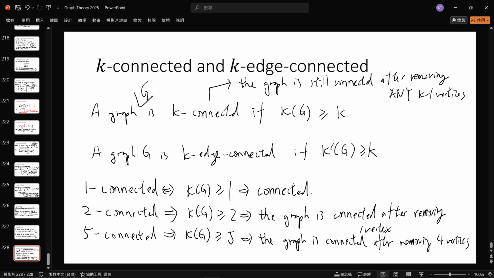But when this connectivity is greater than 1, we can say more things, more properties about the graph. So when kappa G is at least 2, you can actually remove 1 vertex, and any vertex actually, no matter which vertex you remove, the graph will still be connected. Okay, so let me give you an example.